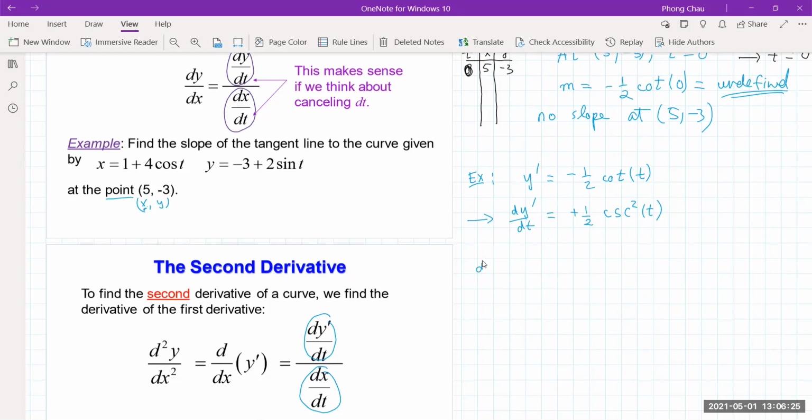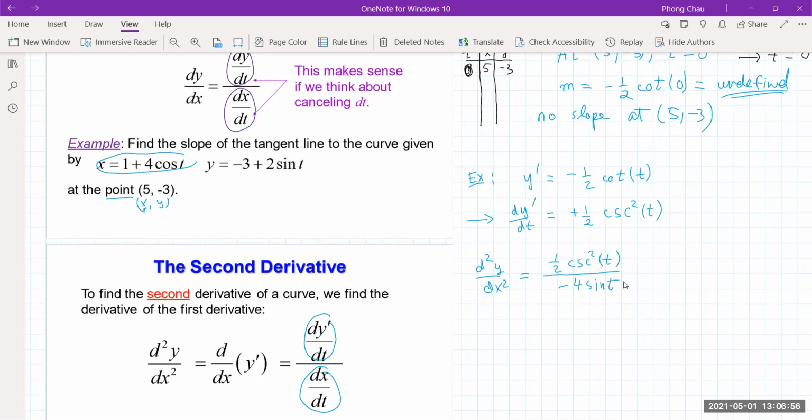So the second derivative is half cosecant squared t divided by dx/dt, which is again back to the derivative of x, which is -4 sine t.